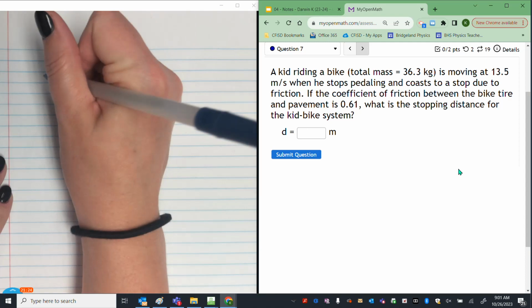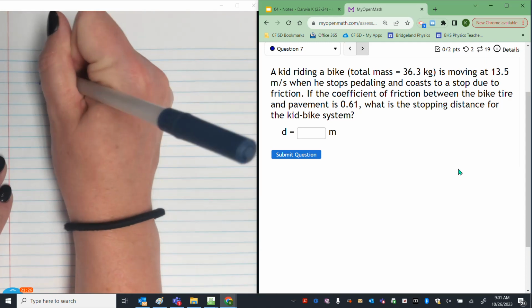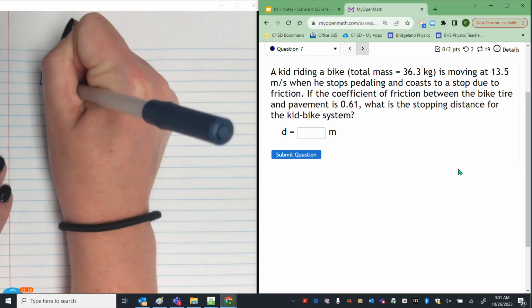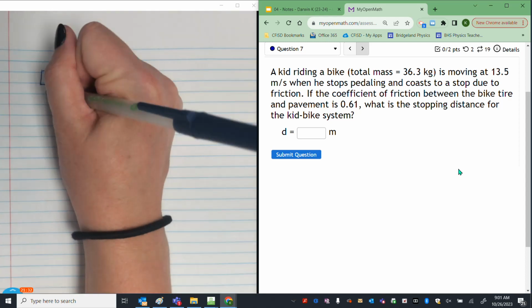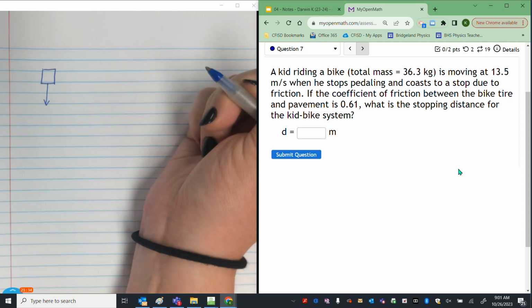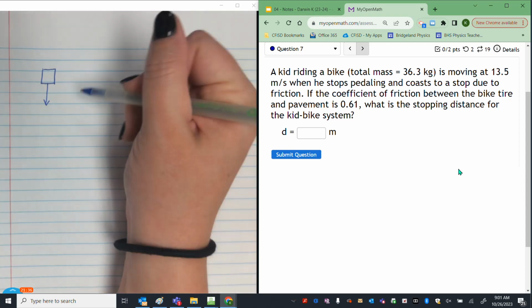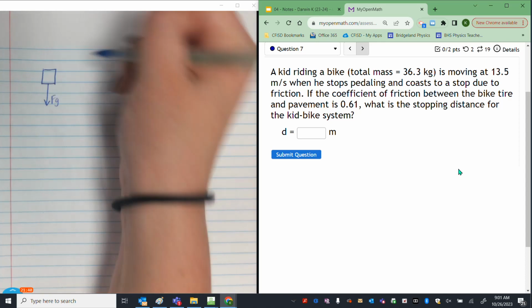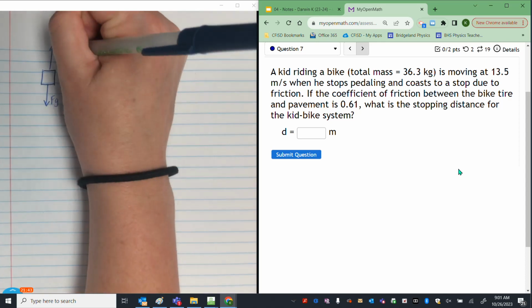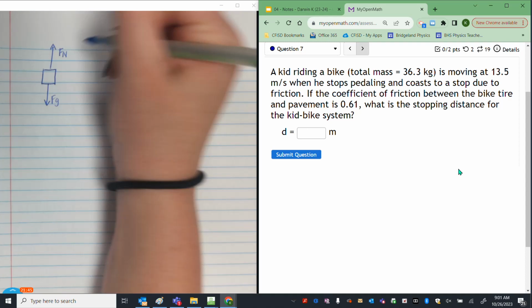So first of all, let's talk about what forces are acting on this kid bike system. Okay, obviously we have the force of gravity. That's the weight of these two objects together. It does give me their total mass, so I could solve for that if I want, but I have Fg. Okay, I also have Fn, my normal force of support from the roadway.